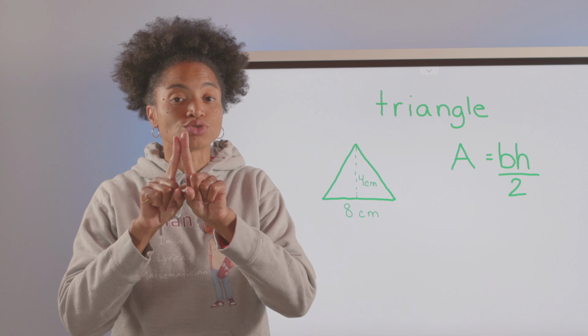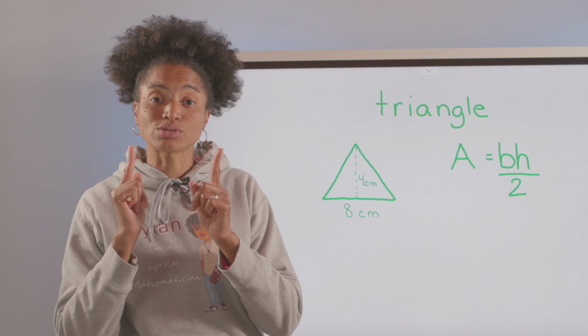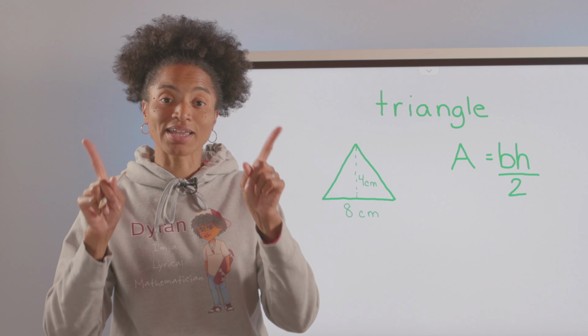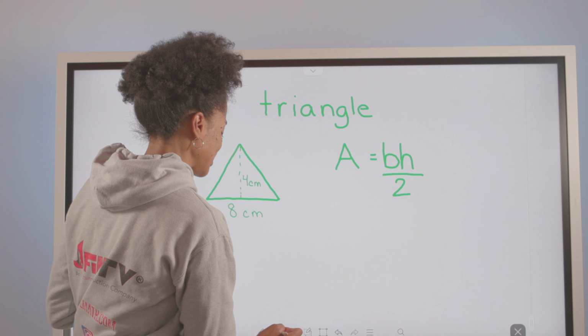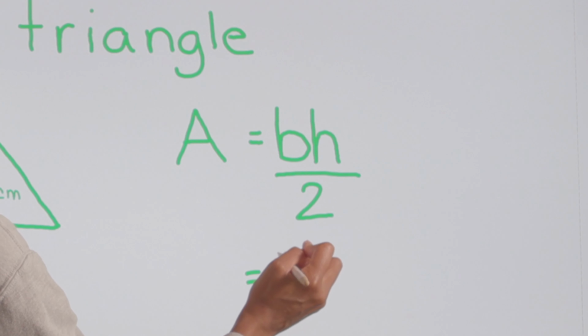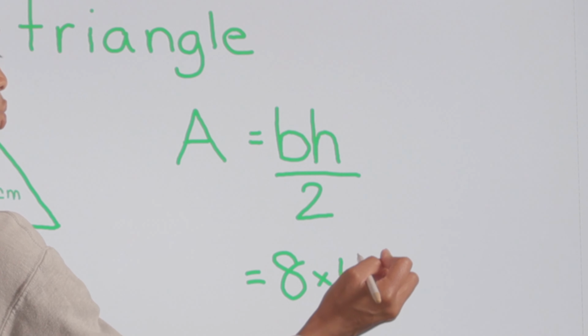When you have two variables right next to each other, it simply means we're going to multiply those two variables. So in our case, we're replacing those two variables with 8 and 4. So we want to multiply 8 with 4. Line up your equal sign here. And we're replacing B with 8. And we're replacing H with 4.